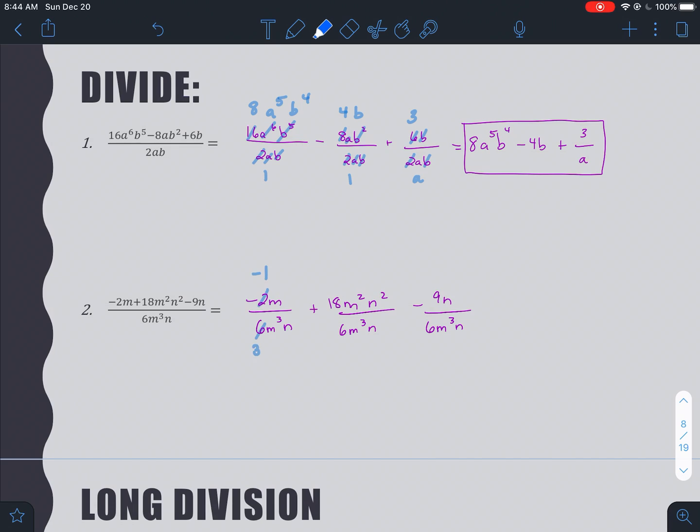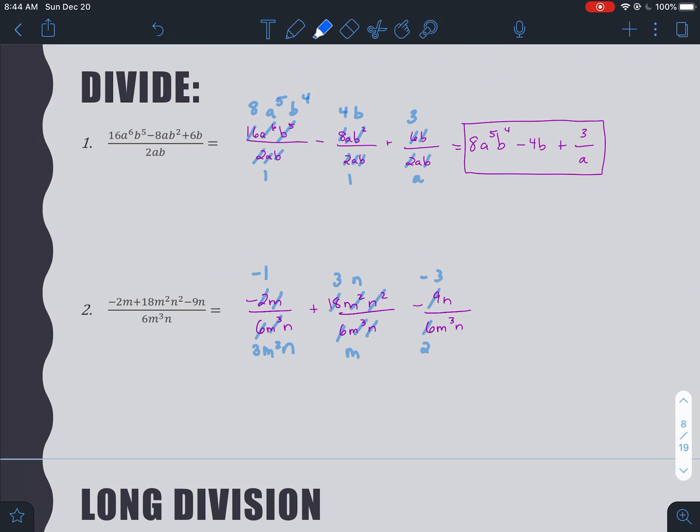And now reduce. So the negative 2 and the 6 would reduce to negative 1 on top and 3 in the denominator. M over m to the 3rd, you would have an m squared left in the denominator, and you still have that n. And then 18 and 6 reduced to 3 and 1. M squared and m cubed, you'd have an m left in the denominator. N and n squared, you'd have an n left in the numerator.